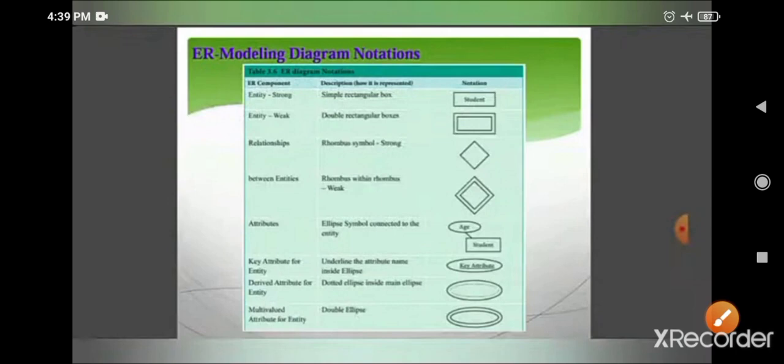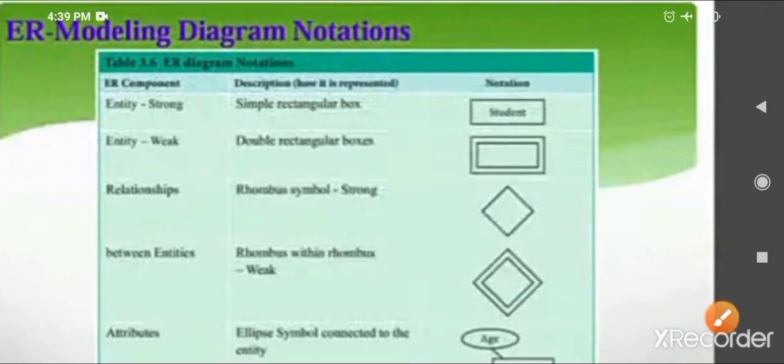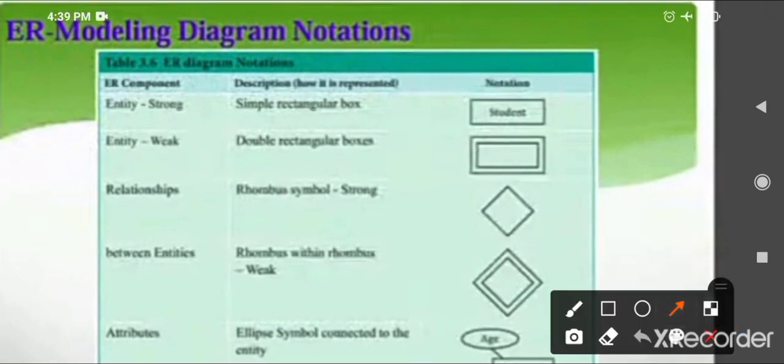So this is the ER modeling diagram notations. The first one is the strong entity. Here we draw a simple rectangle symbol to represent the entity as a strong one. So, a simple rectangular box.